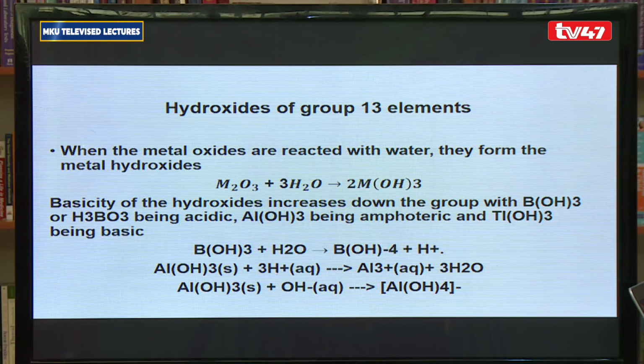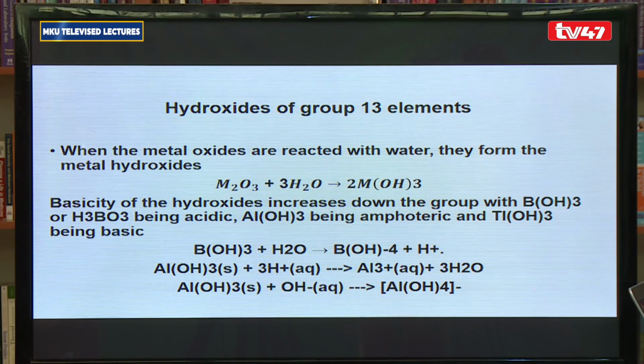Now when we dissolve the oxides of group 13 elements in water, we form the hydroxides. So all the metals, where M is any of the metals, it could be boron, aluminium, thallium, gallium, indium, all of them are able to form metal hydroxides.